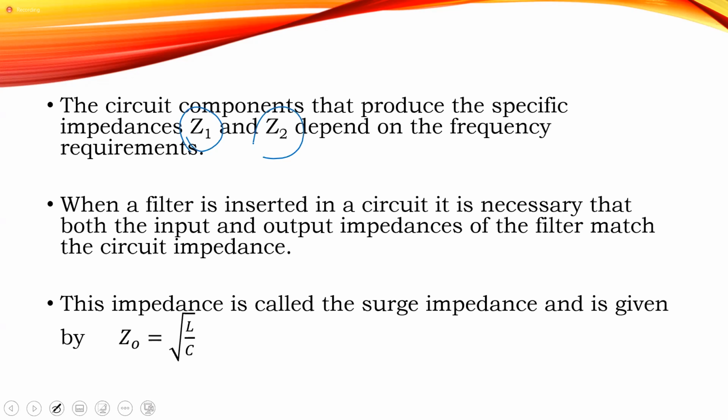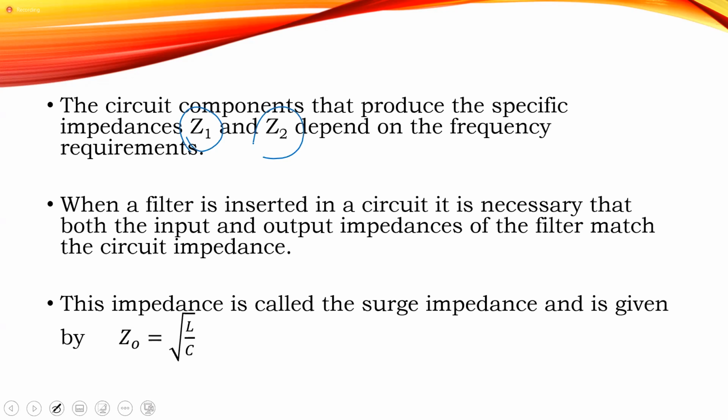But it must not interfere per se with the overall operation of the circuit. So when I insert that filter, like in an embedded system, what it should be doing is simply managing the frequencies that are moved from one side of the network to the next.